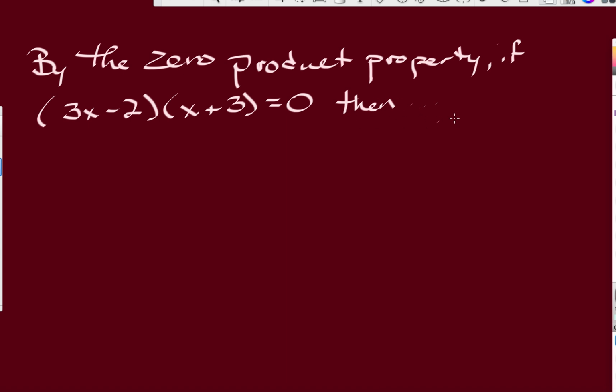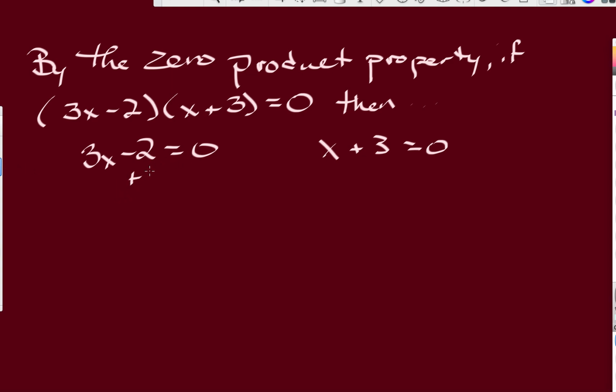And all that means is, hey, then we have two roots, right? And all that means is, all right, solve each piece for 0. 3x minus 2 equals 0, and x plus 3 equals 0, right? And when you're finished, you're going to say x is equal to one thing and x is equal to another thing. So let's start with this one.